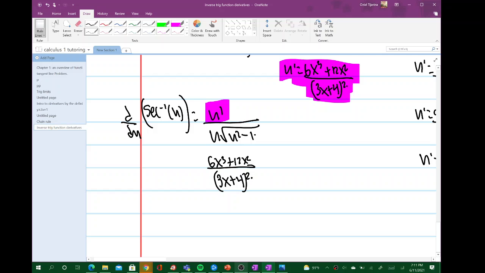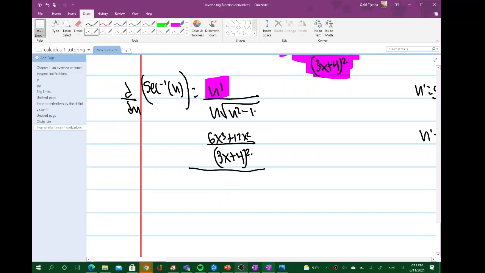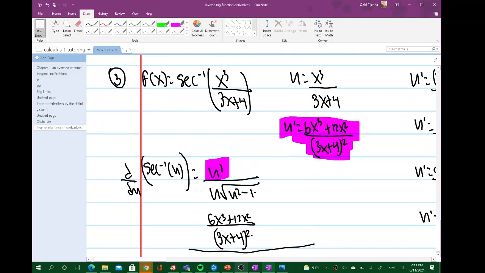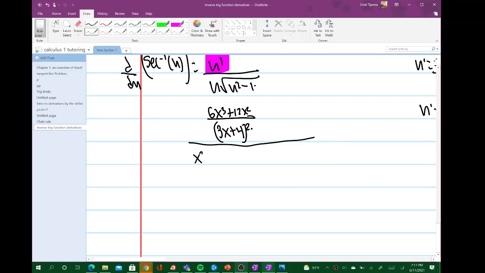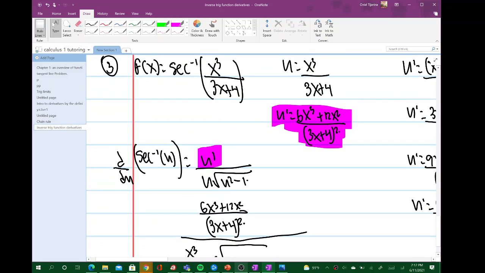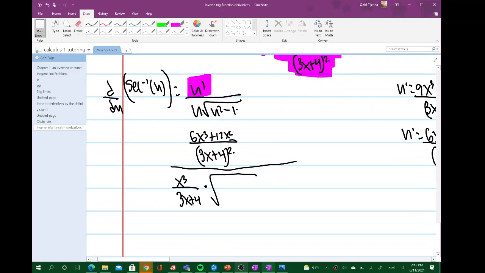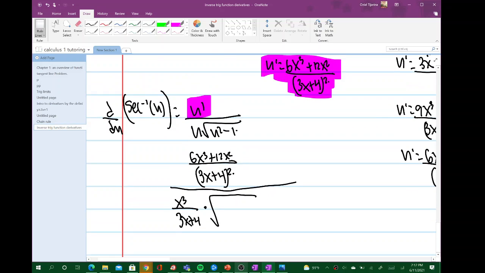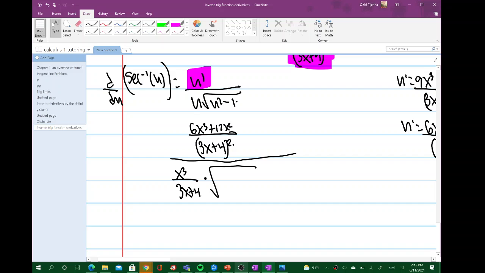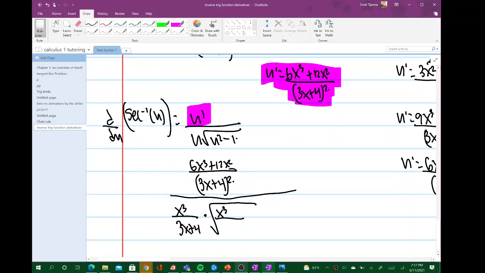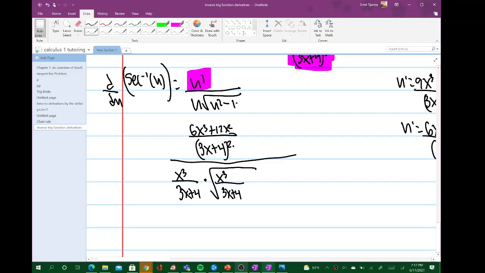And then over, and what is u? U is x cubed over 3x plus 4. And then times the square root of u squared minus 1. So u squared minus 1 is going to actually be x cubed over 3x plus 4 squared minus 1.